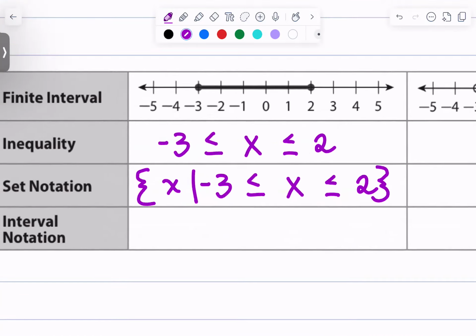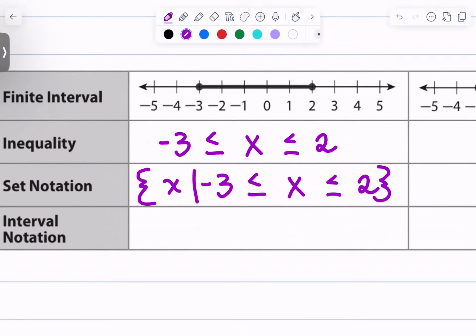And in interval notation, remember interval notation is lowest comma highest values. So what's the lowest value? -3, comma. What's my highest value? 2. So is -3 included or excluded?